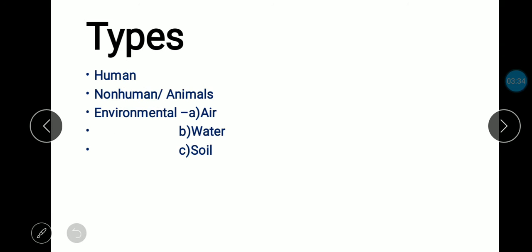The types of reservoirs are: first is human, which is infected and has pathogens inside the body. Then the next type is non-human, that is animals or plants which carry a species or pathogen which is harmful to human beings. Next one is the environmental reservoir.